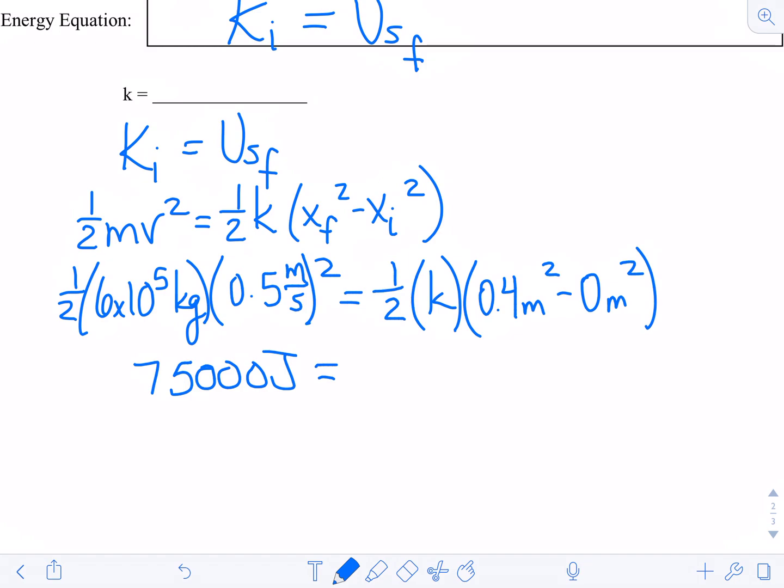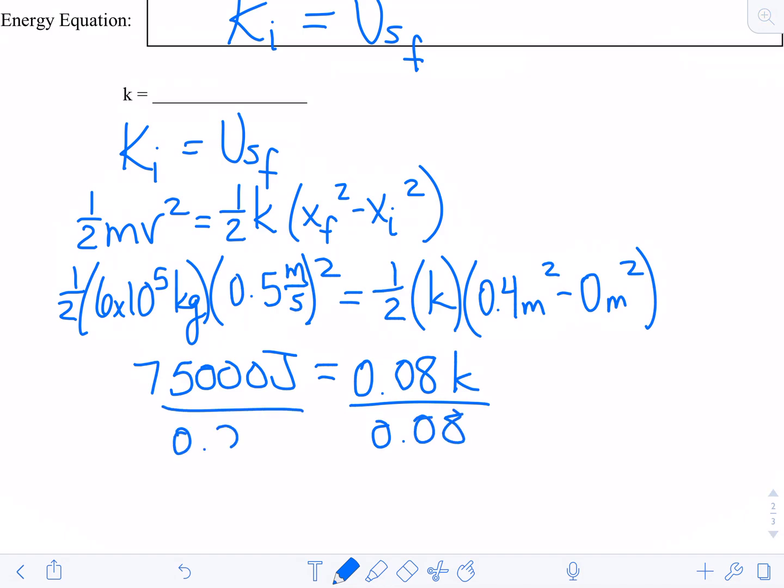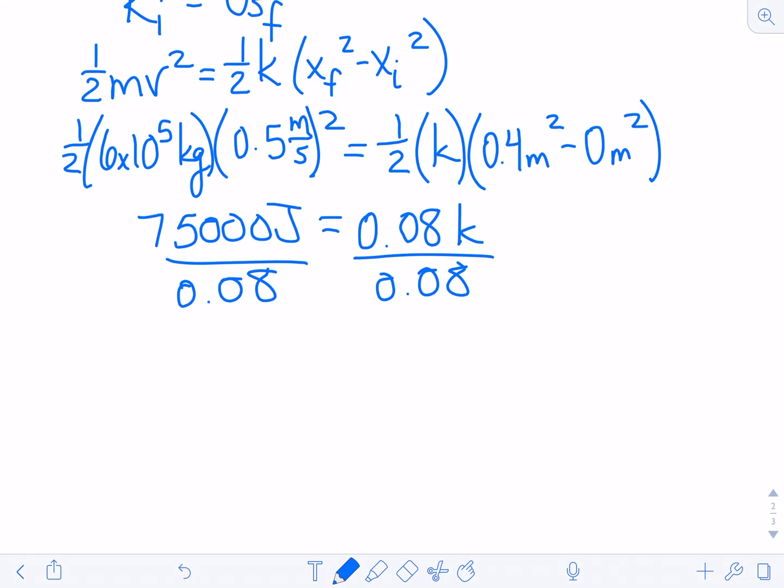And we shall. Okay, so 0.4 squared times 0.5 is 0.08. There we go. So let's just divide everything by 0.08, and we should get our answer. What is 75,000 divided by 0.08? Oh my goodness, it's huge.